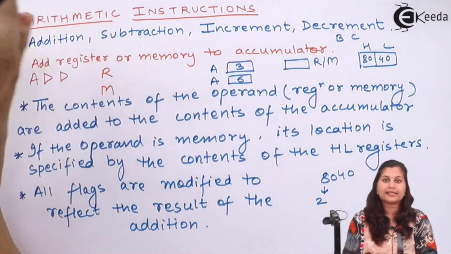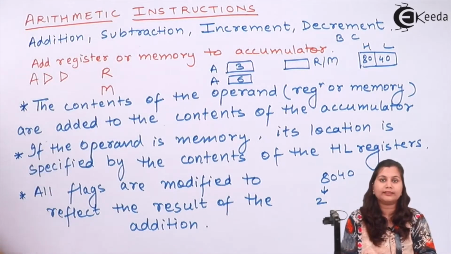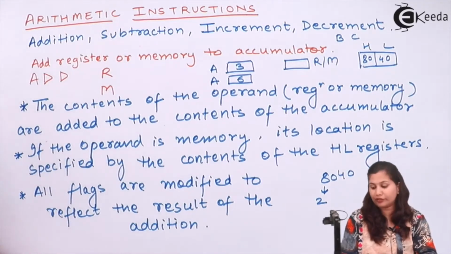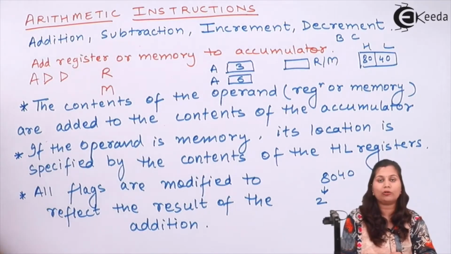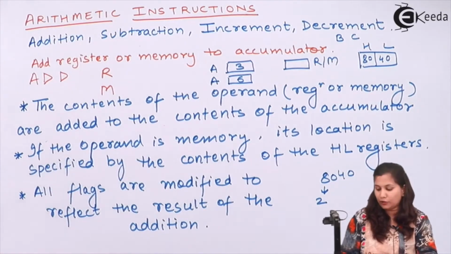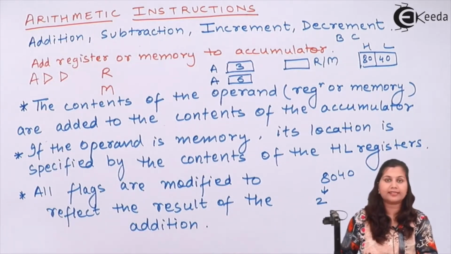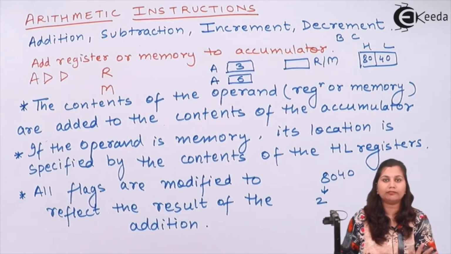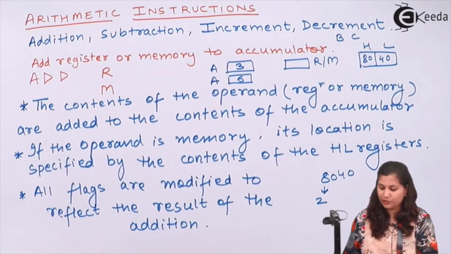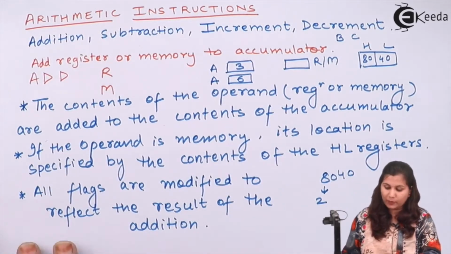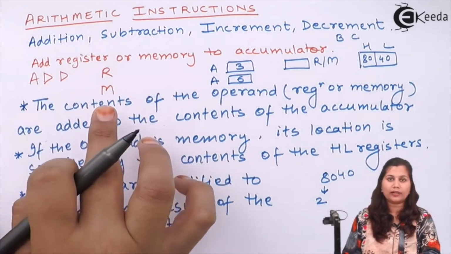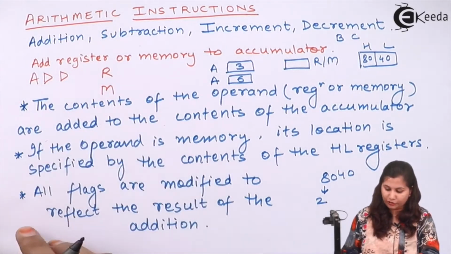If the result is having an even number of 1s, then parity flag is set, otherwise it is reset. And if the result is 0, or it is a negative number, then sign flag and zero flag are modified. So all the 5 flags are modified to reflect the result of the addition. So this was the ADD R or M instruction.